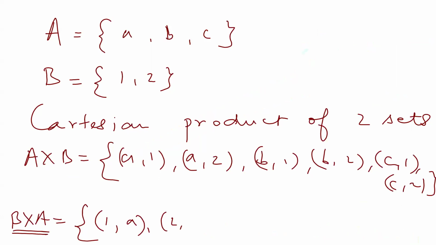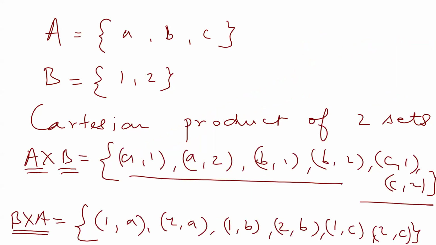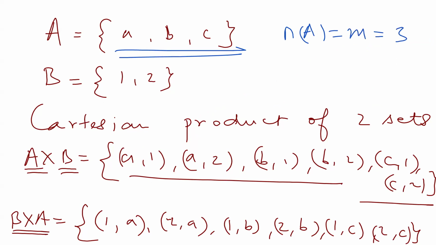Now let us understand a few more concepts. n(A) is equal to m, let it be m, and it is equal to 3 because there are three objects. n(B) is equal to n, and there are two objects in set B. So n(A cross B) is equal to m times n, which is 3 into 2, which is 6.